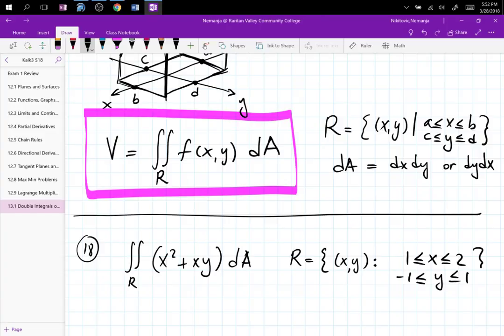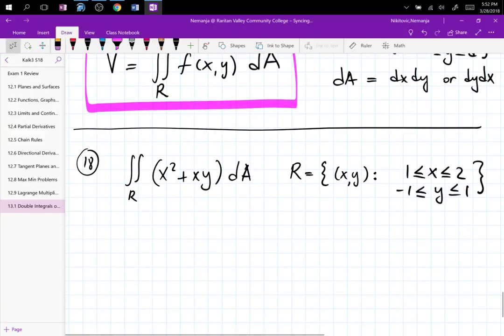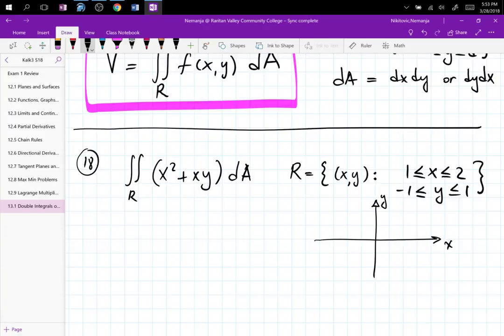Now, you can actually use the rectangular region to draw the domain. It's not necessary, but it's nice to see it. So I'm drawing only the domain. I'm not drawing the whole 3D object. I'm just drawing the domain.